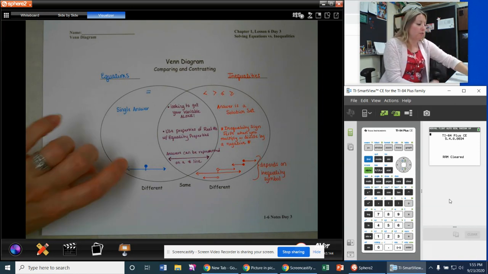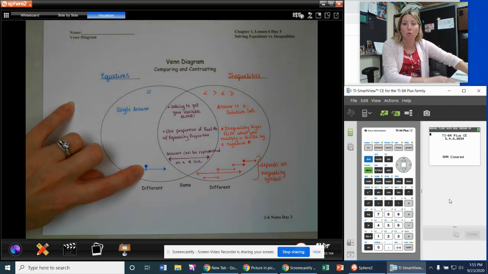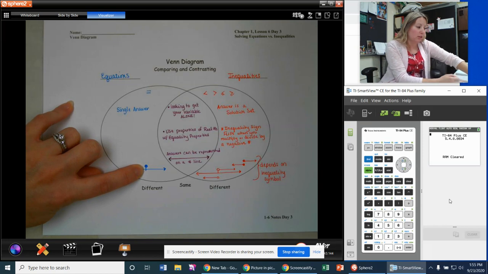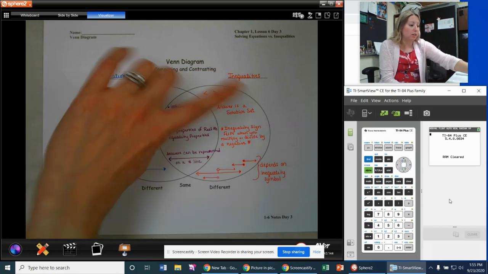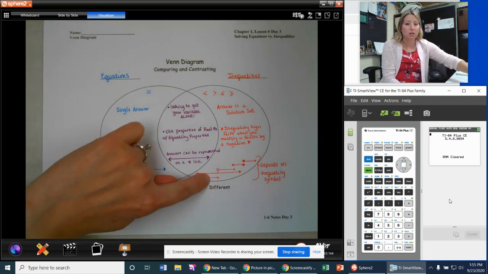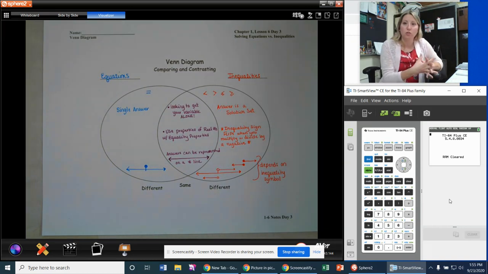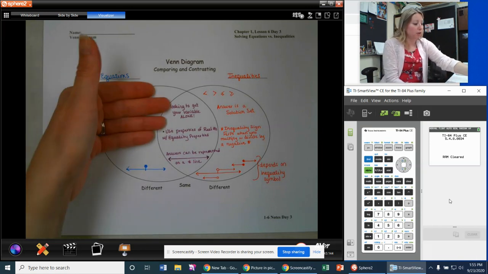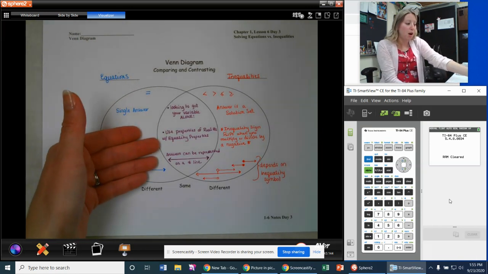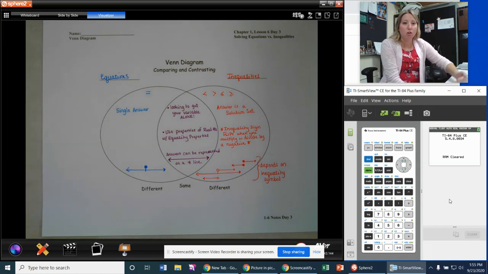But equations obviously will only be a dot over that value that satisfies the equation, while inequalities will be represented by your solution set. Okay, and so you're going to be putting into practice the differences between equations and inequalities. But as you're going through, you already know you're going to be using the properties of real numbers in conjunction with the properties of equality to get that variable alone.